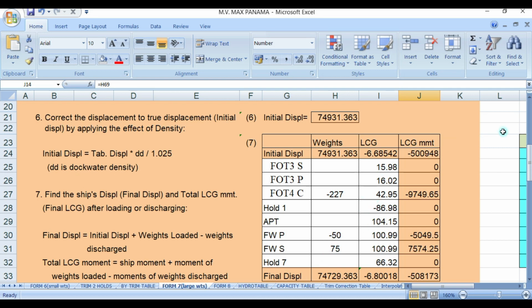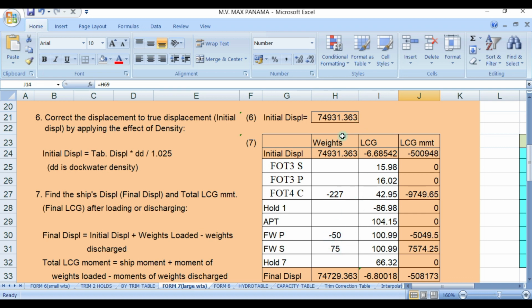Since we depart from Baton Rouge, we have a consumption of fuel of about 227 metric tons in fuel tank number 4 center. Consumption meaning we have to put a negative sign because we're going to consume. And we have a consumption of freshwater of 50 tons in freshwater tank port side, and in starboard side we have a production of 75 tons.